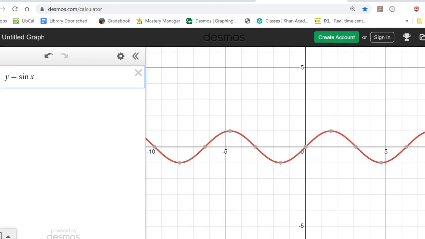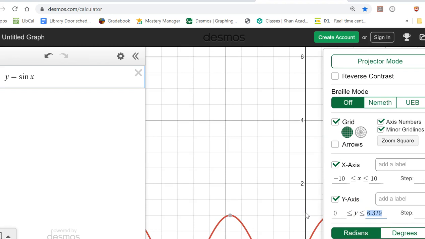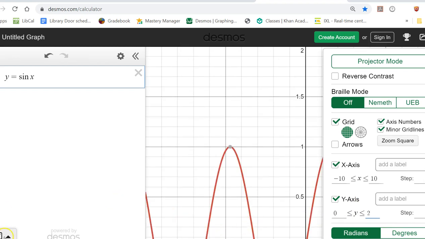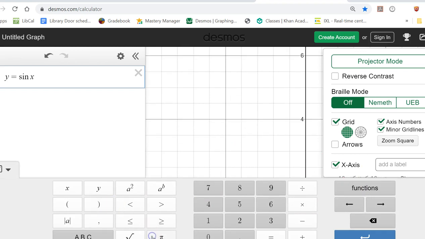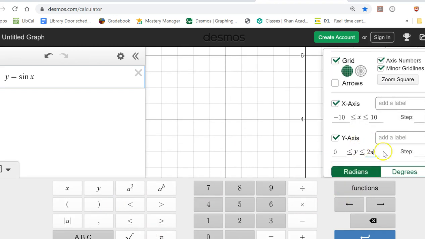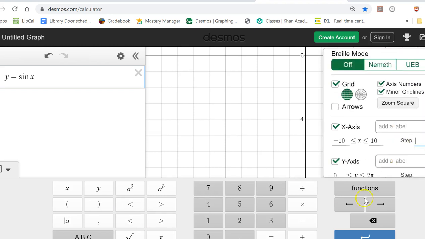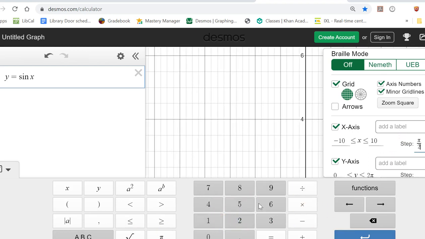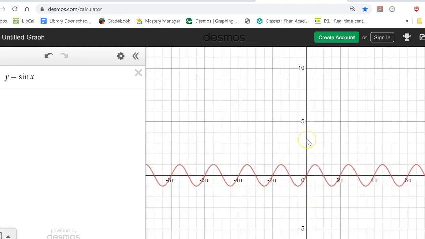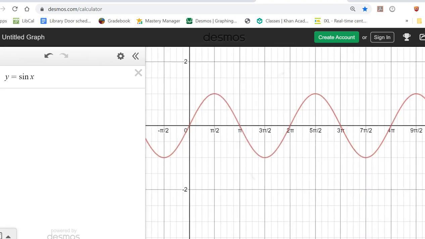Okay, and I'm going to change my window really quickly to make this go from 0 to 2 pi. And then I'm going to change the step by pi divided by 2, so that way we can see this window.